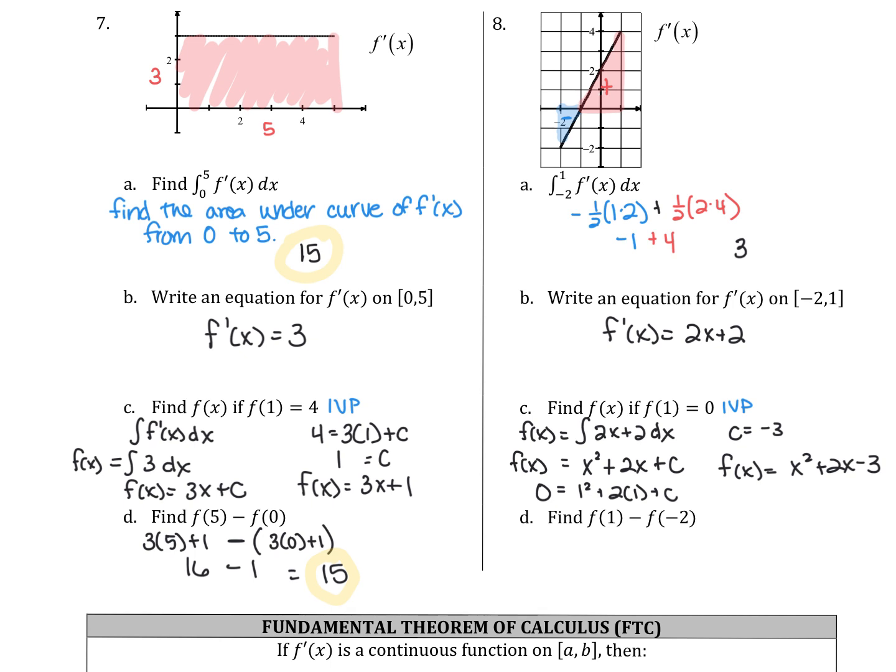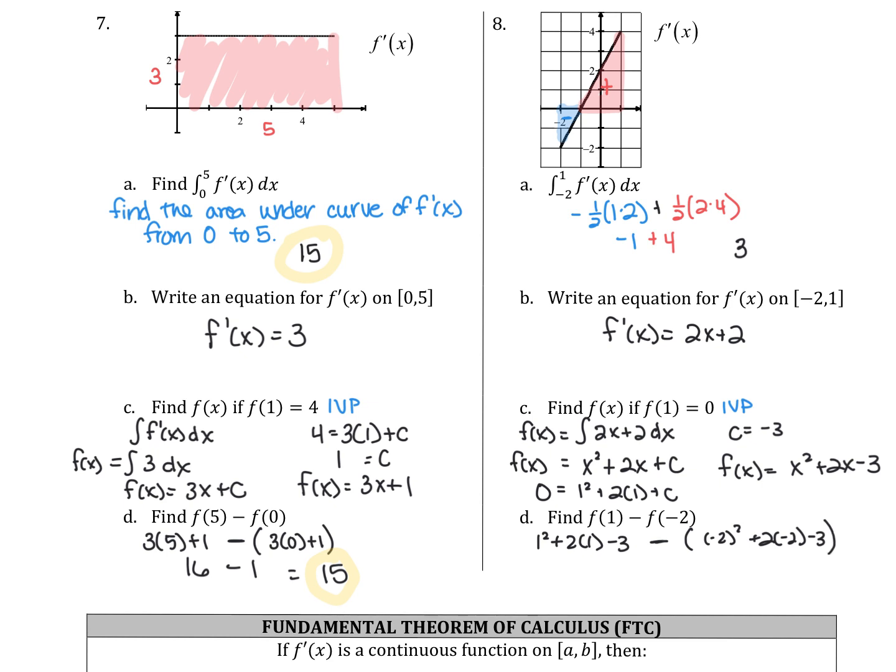Okay, well, I want you to find f of 1 minus f of negative 2. Well, f of 1 would be 1 squared plus 2 times 1 minus 3. And f of negative 2 would be negative 2 squared plus 2 times negative 2 minus 3.